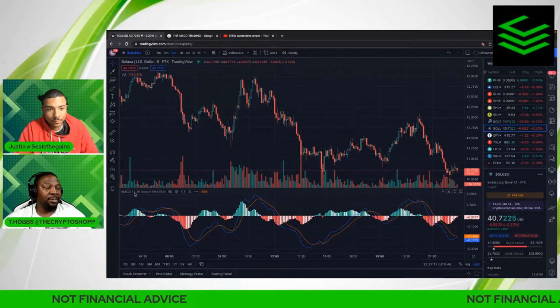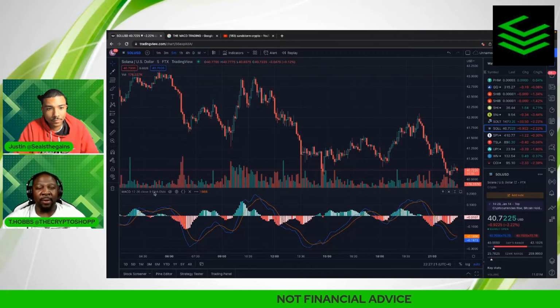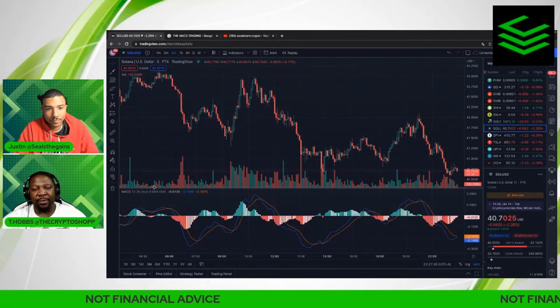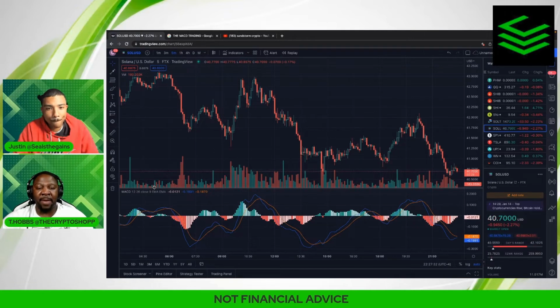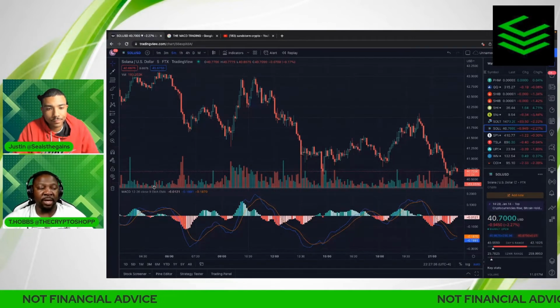What that means is it's the 12 EMA, the 26 EMA, and it's smoothed out by using the 9 EMA pattern. It doesn't mean the 9 EMA is on here, but it helps smooth out the chart by following the 9 EMA pattern. So they have the 12 and the 26 moving average officially here.